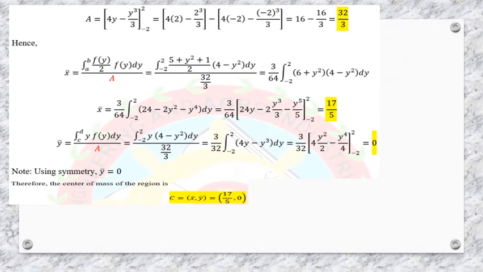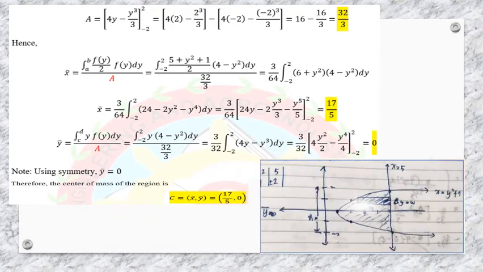So for the area, we simplify and get 4y minus y cubed over 3, evaluated from negative 2 to 2. Why negative 2 to 2? Because we base this on the y-axis, and the height of the rectangle within the region bounded goes from negative 2 up to positive 2.